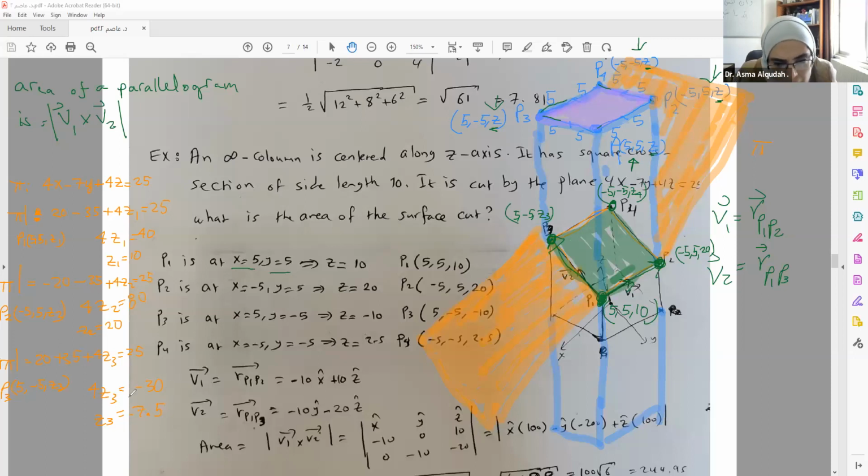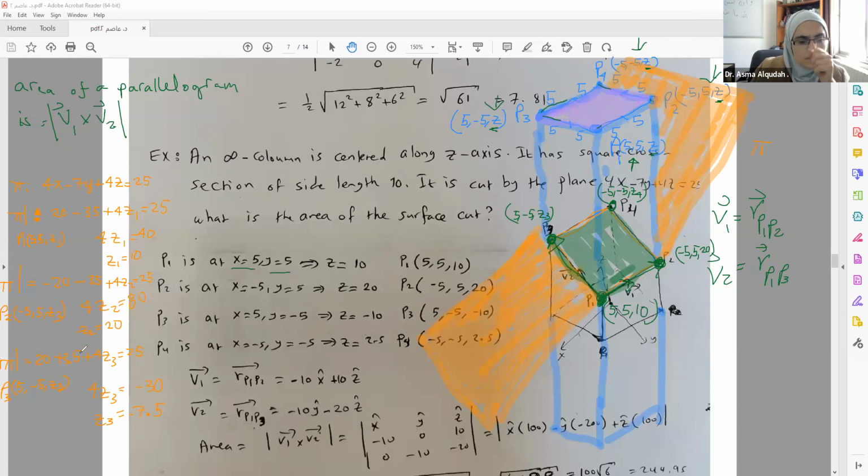Let's see, 5 minus 35 is equal to minus 30 there.